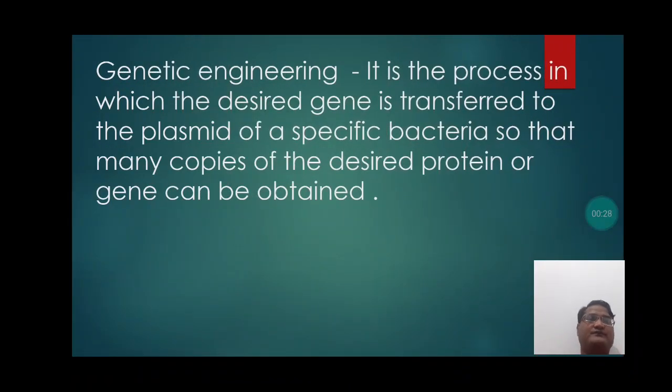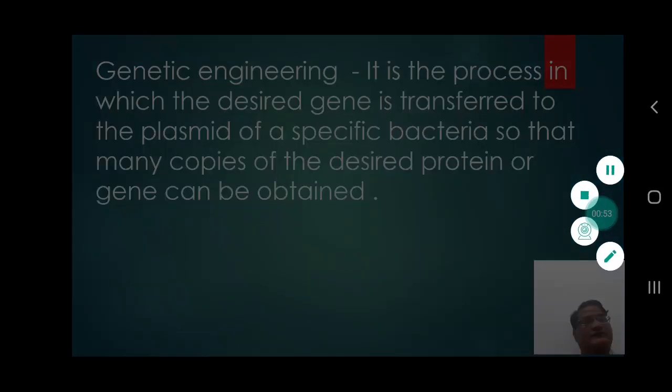Genetic engineering is a process in which the desired gene is transferred to the plasmid of a specific bacteria so that many copies of the desired protein or gene can be obtained.